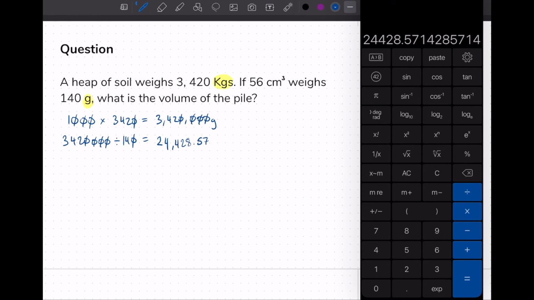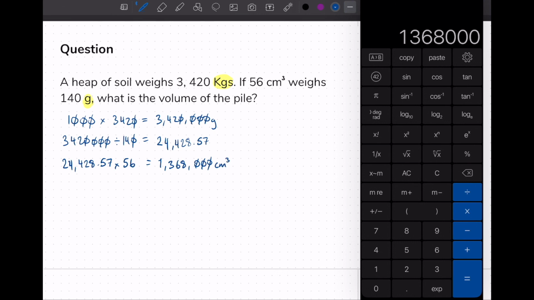This tells me how many 56 centimeters cubes do I have, but how many centimeters cubed do I have? Well, I have this amount multiplied by 56, which gives me this number here, in centimeters cubed.